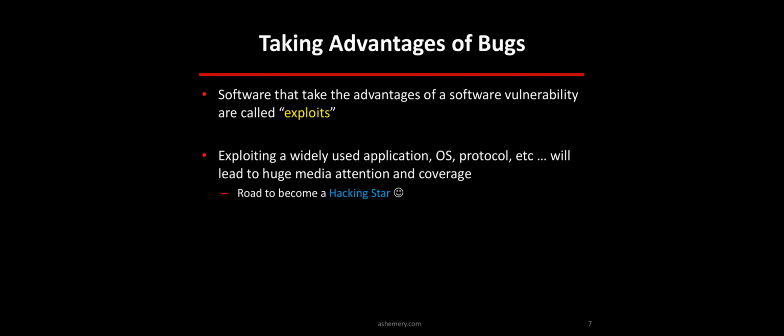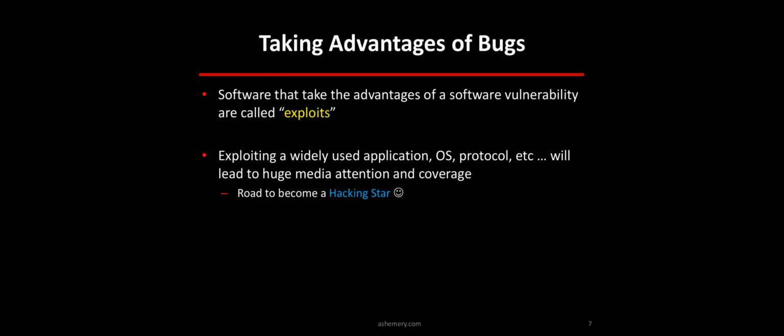If you manage to find a bug or a security weakness and exploit an application or an operating system that's widely used, then you'll get huge media attention, like the slide says, like a hacking star.